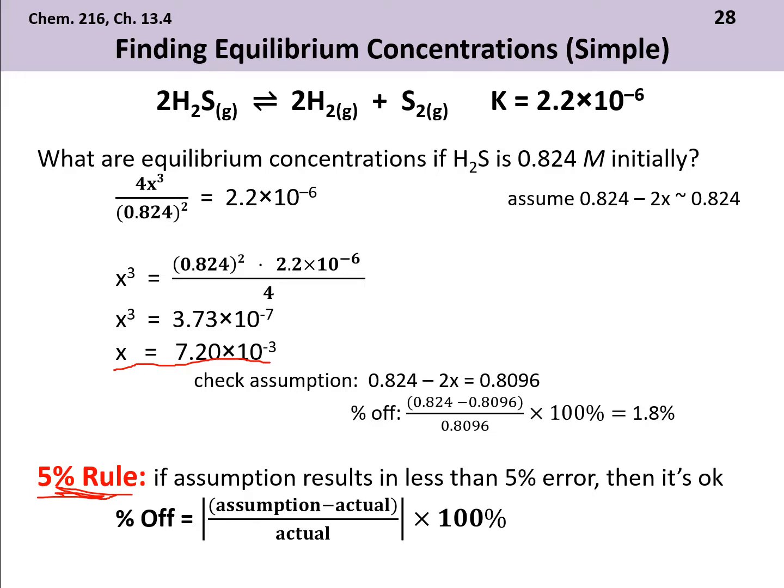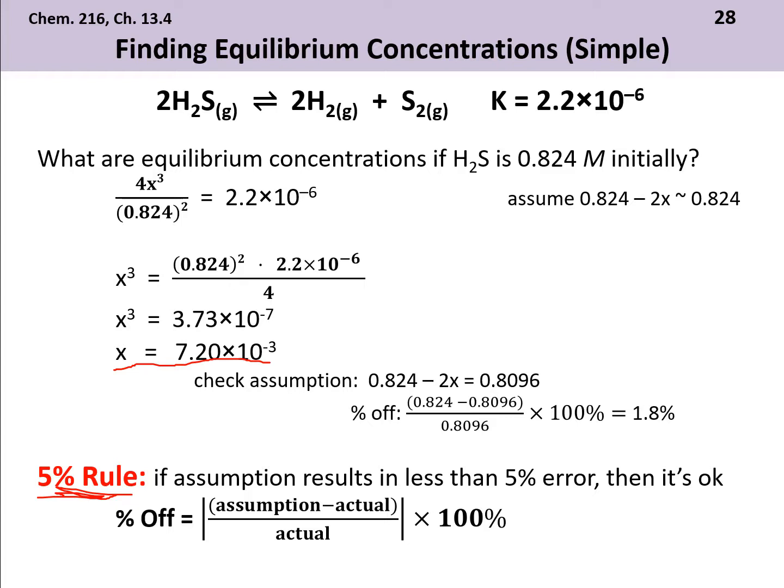Okay? All right, so I'm going to take my assumption, which was 0.824, minus this value, because this is what it actually ended up being, over 0.81. I take that, multiply by 100%, and I go ahead and I find out that this is 1.8%.